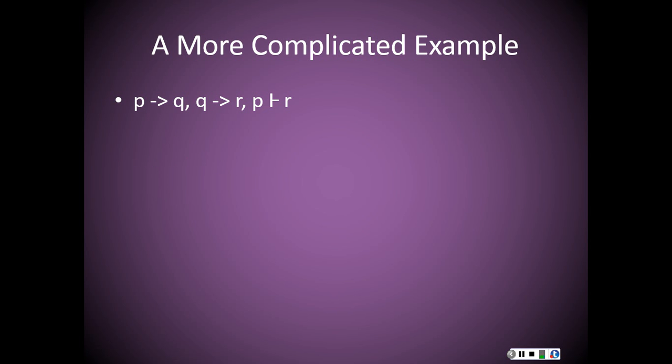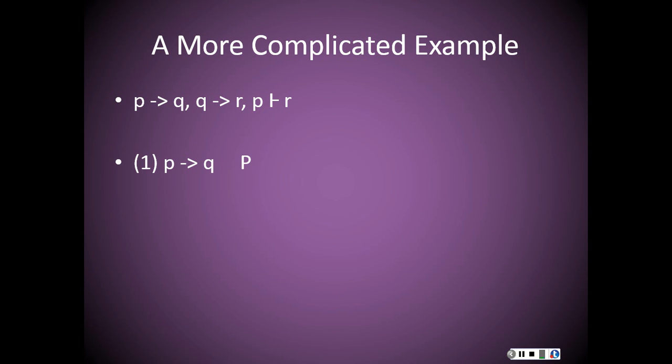Well, we're going to start out our proof that this sequent is valid in the same way that we're going to start out any of our proofs, and that is to write down our premises. So on line 1 we write down P arrow Q, and we're able to do that because of the rule of premises.